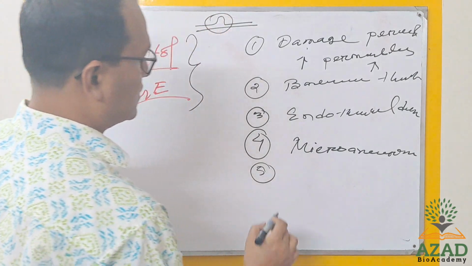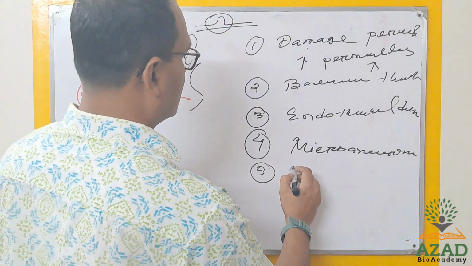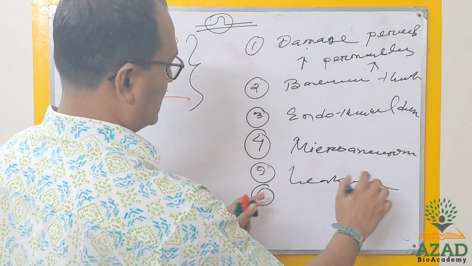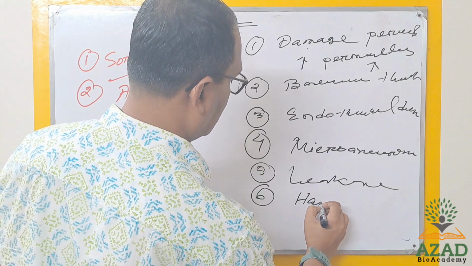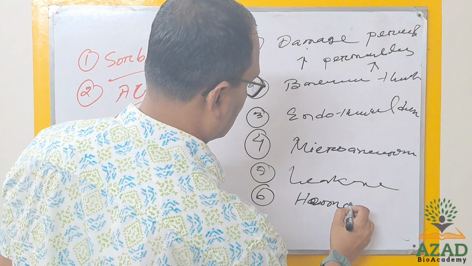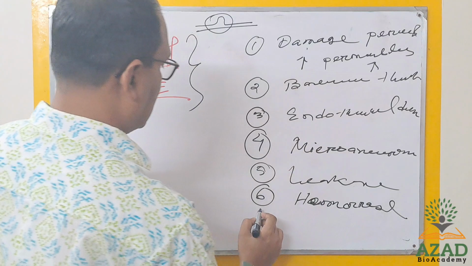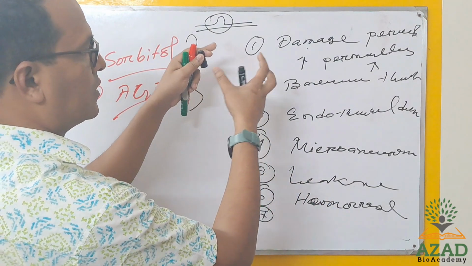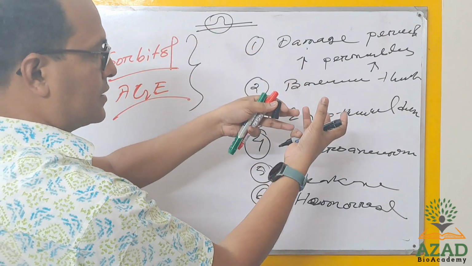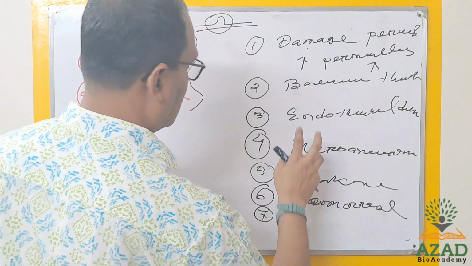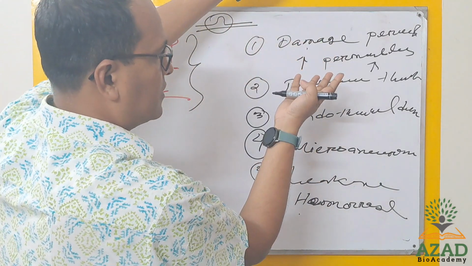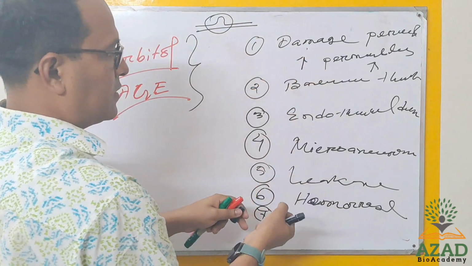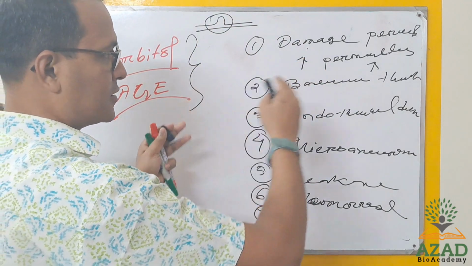Also, your blood vessel can leak. Okay, the sixth one is it can cause hemorrhage. It can cause some clog, or you can say it can produce some plaques like that. That is, it can increase the permeability by damaging pericyte, and it can harden the basement membrane, and it will decrease the blood flow.